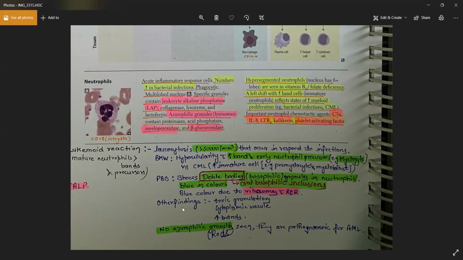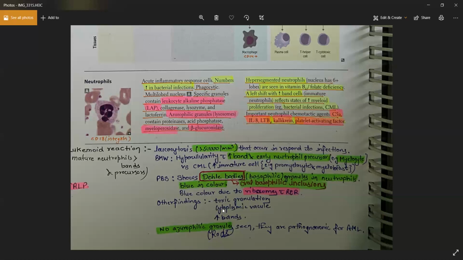Other findings, they will have the toxic granules, right? Because you know that these neutrophils are full of granules, and these granules contain the lactoferrin and this LAP, the collagenases, and other things also, right? So you will have the toxic granules in them. You will have the cytoplasmic vacuoles.